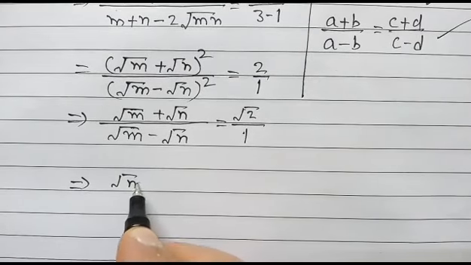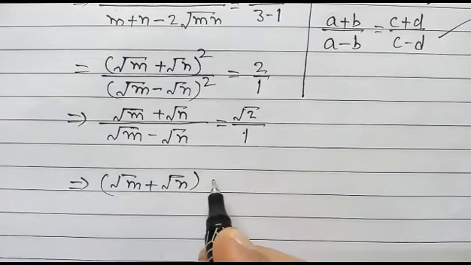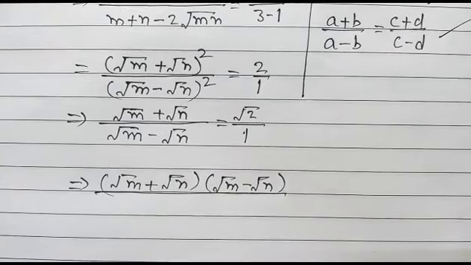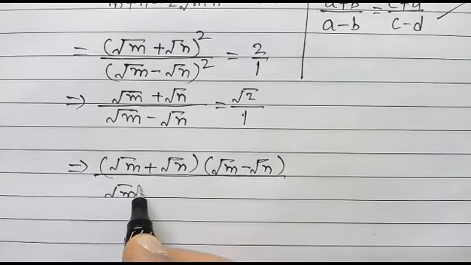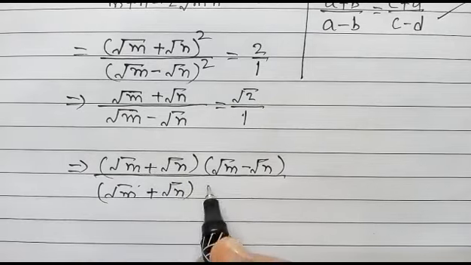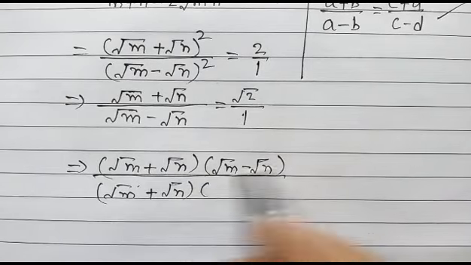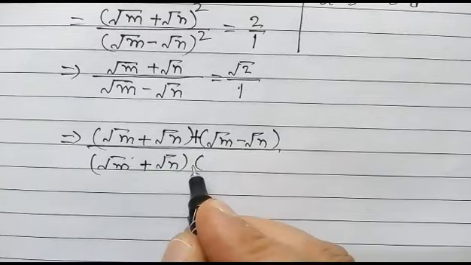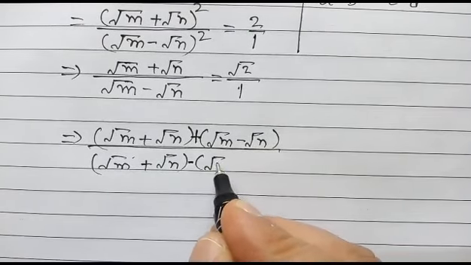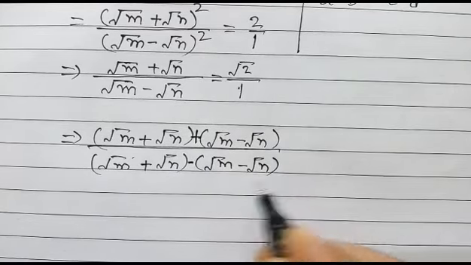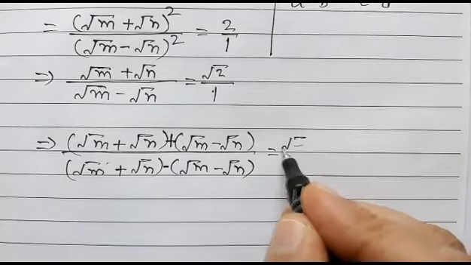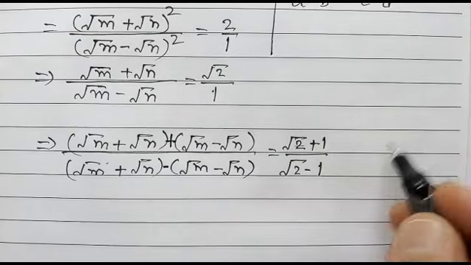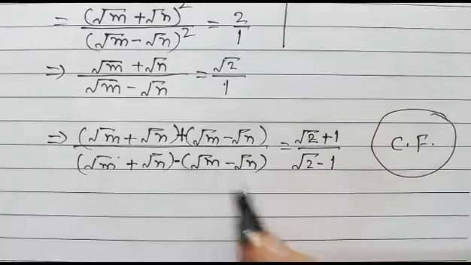So (square root of m plus square root of n plus square root of m minus square root of n) over (square root of m plus square root of n minus, here minus sign, square root of m minus square root of n) is equal to (square root of 2 plus 1) over (square root of 2 minus 1). I am extremely sorry, here the plus sign and here the minus sign. The rule is applied here also.